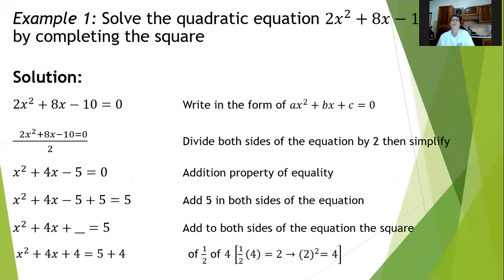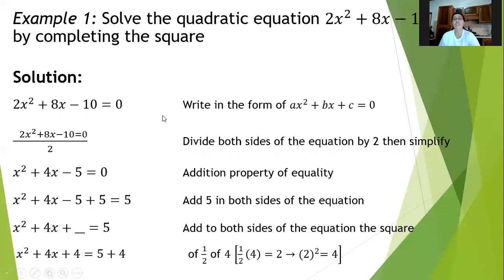Now, example: solve the following quadratic equation, 2x squared plus 8x minus 10, by completing the square. Solution: we have 2x squared plus 8x minus 10 is equal to 0.